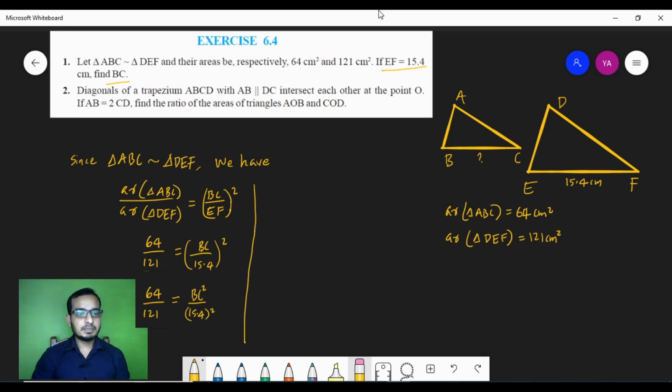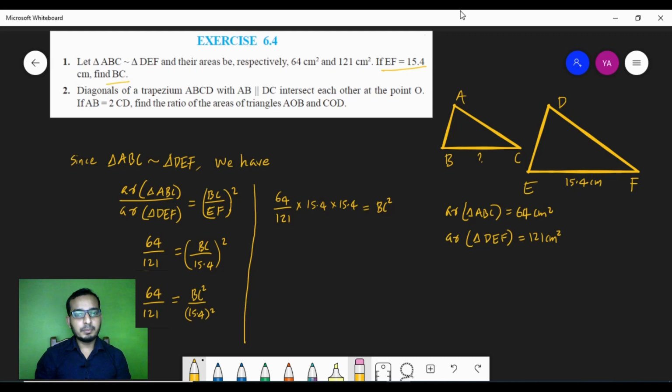In the next step, we can move this 15.4 all square to the LHS. So it will become 64 by 121 into 15.4 into 15.4 is equal to, on the right side, BC square remains. So can we reduce this?